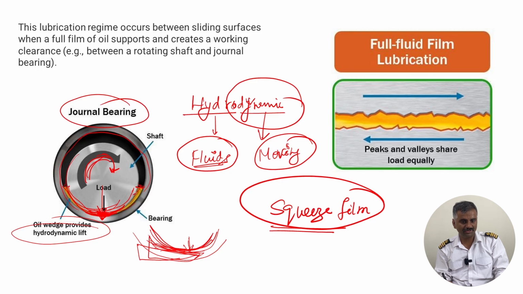All the heat of friction is taken up by this oil, and the oil will completely form a film beneath the loaded shaft, and the bearing will form a boundary on the other side. So this is called the hydrodynamic lubrication.